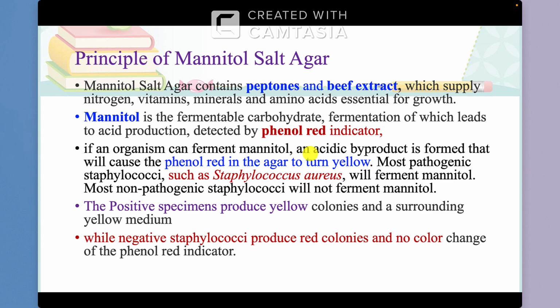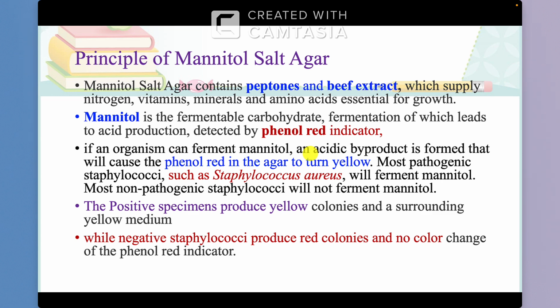Mannitol is a fermentable carbohydrate, so fermentation will happen and produce acid, and this acid production will be detected by the phenol red indicator.